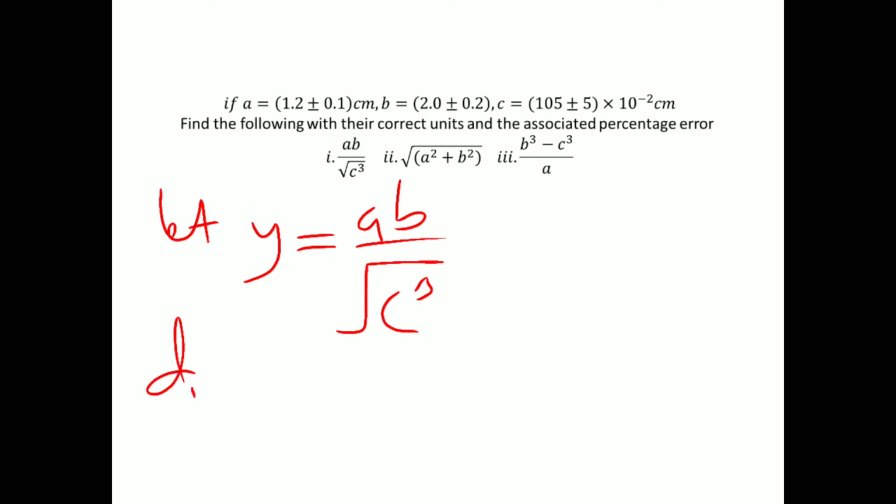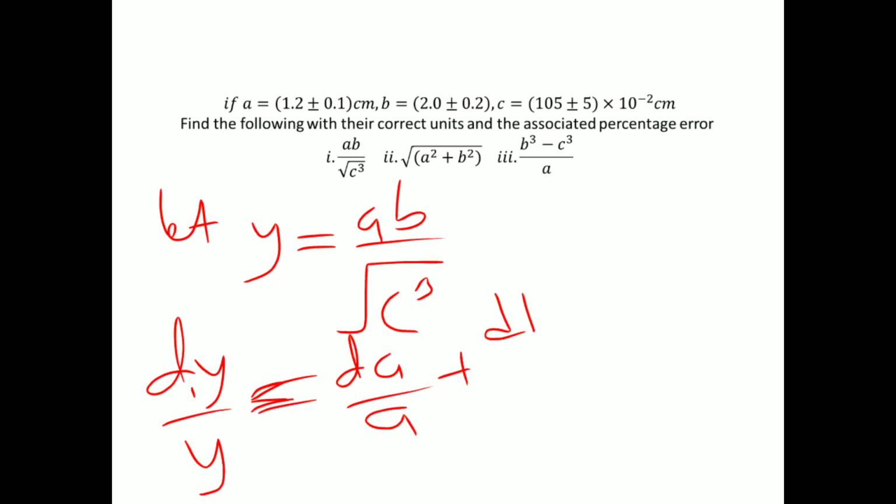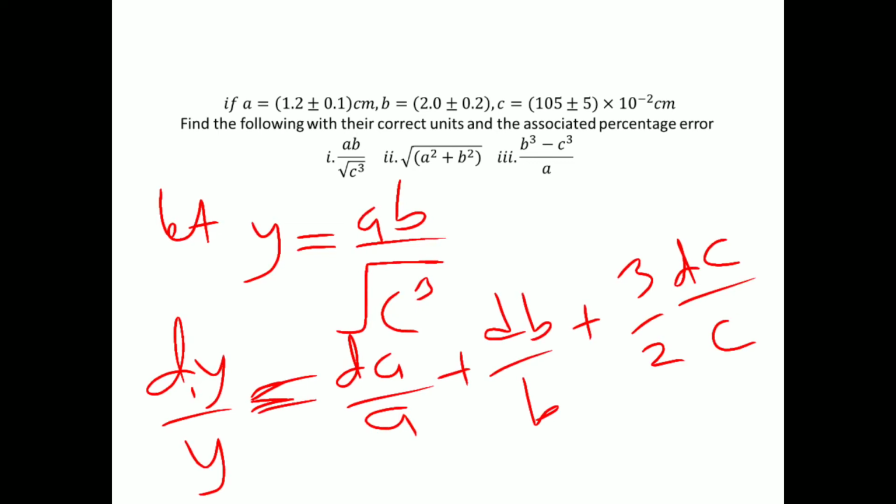So we can say that dy over y is equal to dA over a plus db over b plus 3 over 2 times dc over c. Now the square root of c cube also means c raised to power 3 over 2. So that's why we have that.